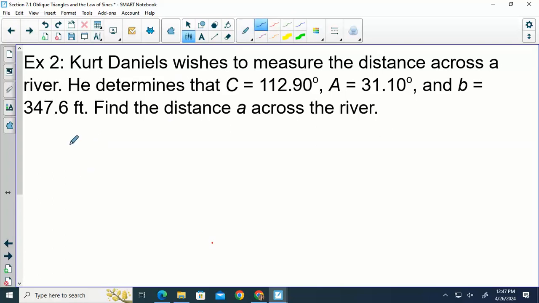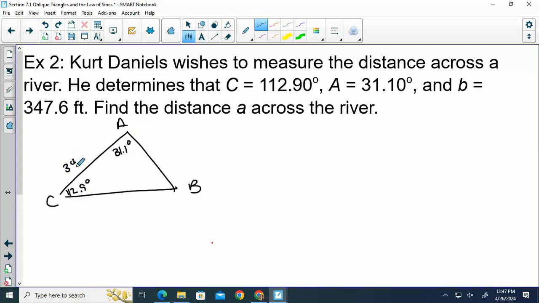So, if we drew a triangle, mine is definitely not drawn to scale. Angle C was 112.9. Angle A, 31.1. Side B, 347.6 feet. I want the distance A. That's going to be my distance across the river.